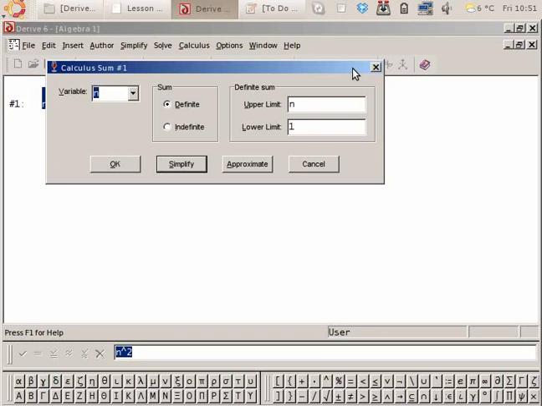So lower is where we want to start. So what was our first term I gave you? What was the start number? 1. And what do I want to go to? 100. So put in 1 to 100. That's changing n to 100. Yeah, 1 to 100. And then simplify.